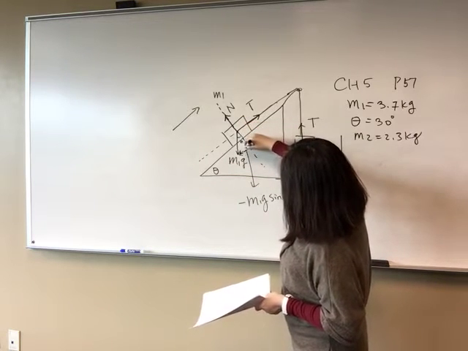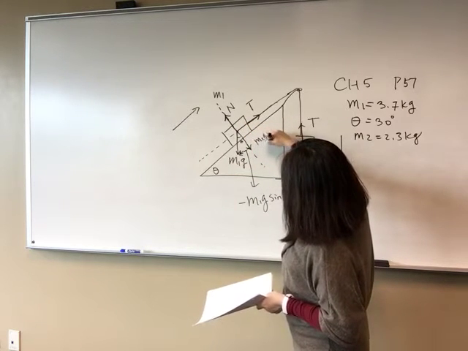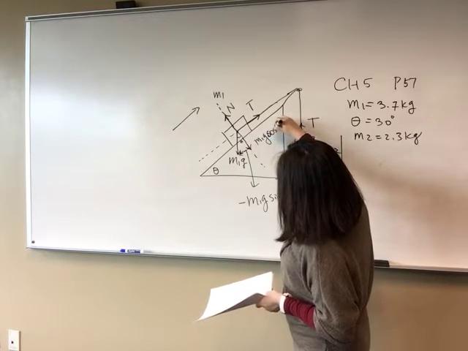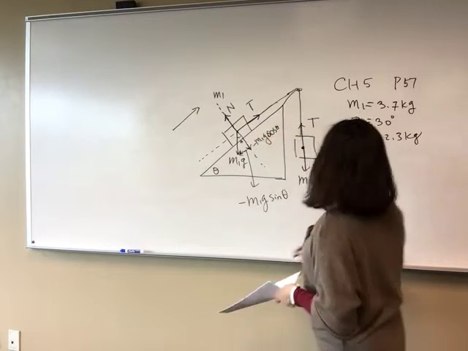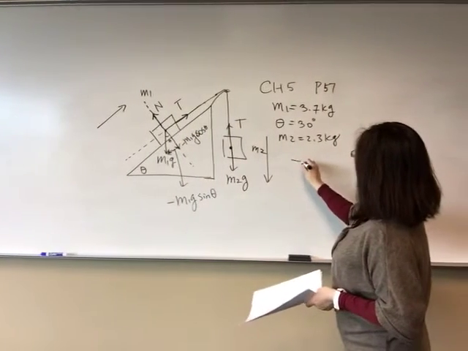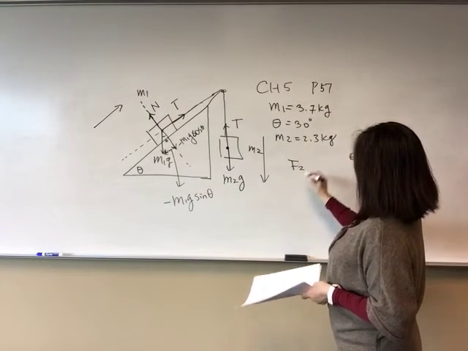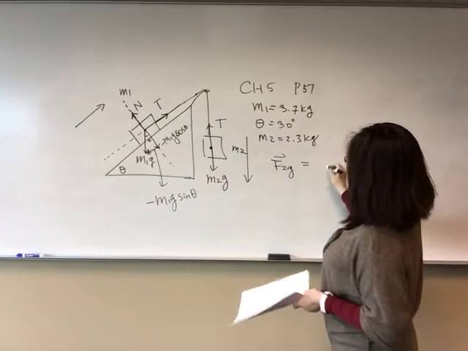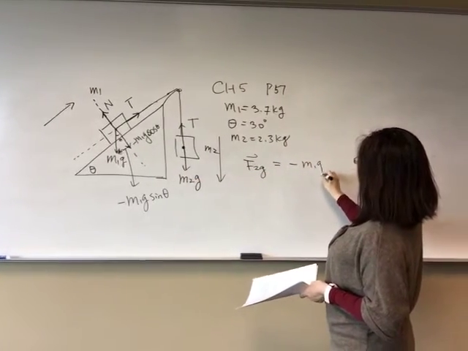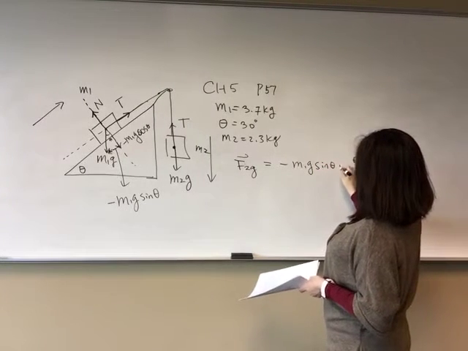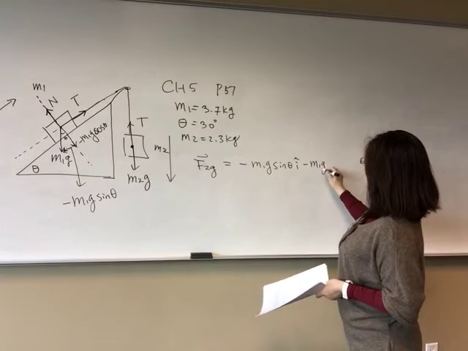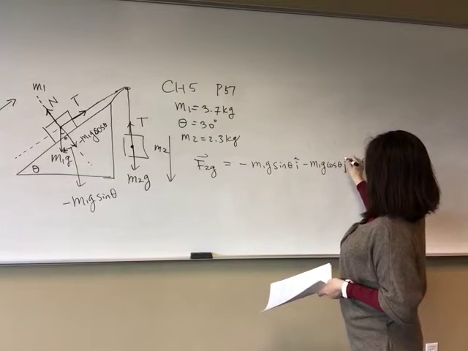And you have M1g cosine theta, and that's negative. In other words, the gravitational force has negative M1g sine theta i-hat and negative M1g cosine theta j-hat, just by looking at this diagram.